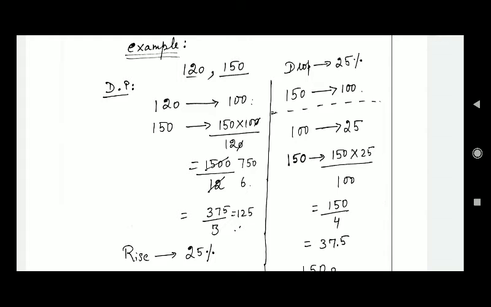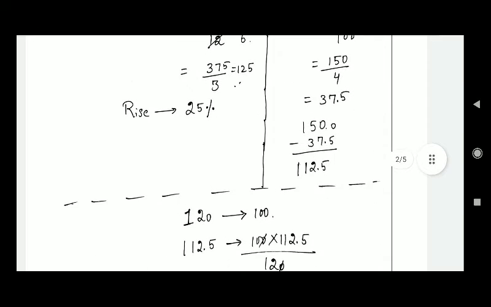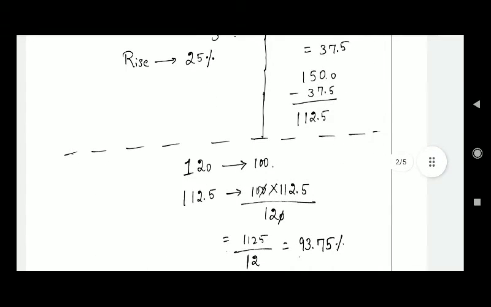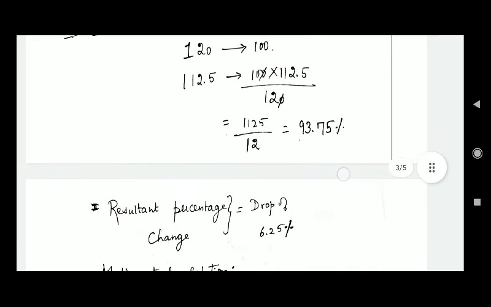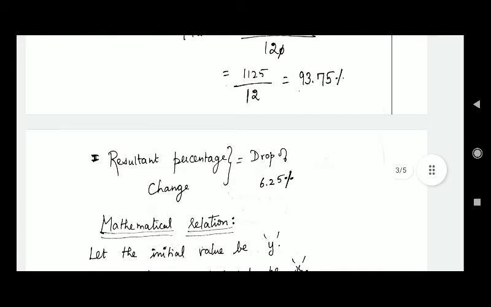Now if 120 is given a yardstick of 100, what will be 112.5? It will be 93.75%. So straight away the resultant percentage change is nothing but a drop of 6.25%.